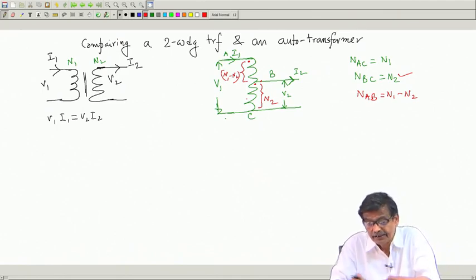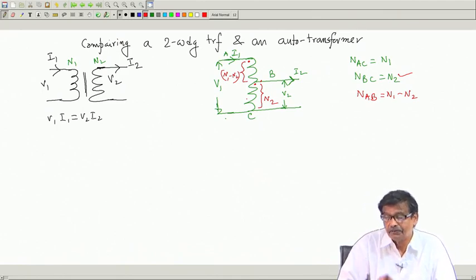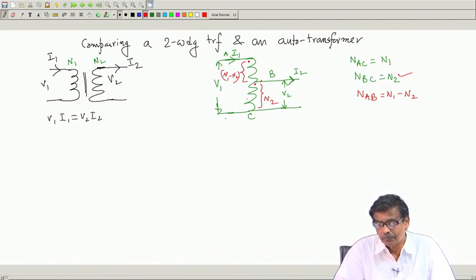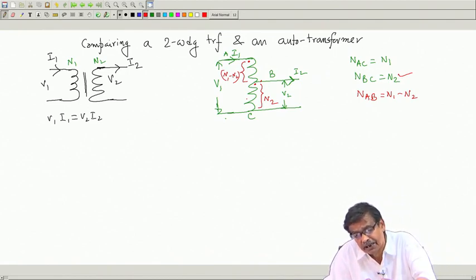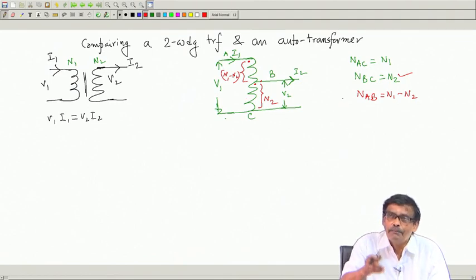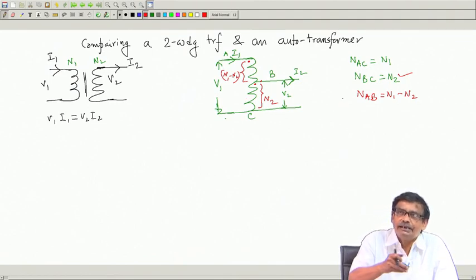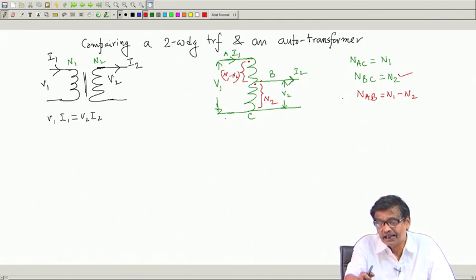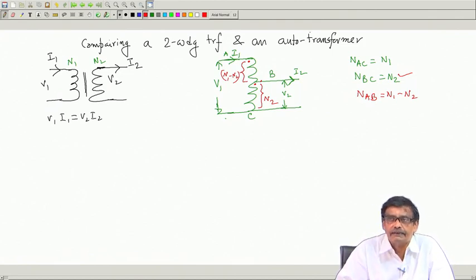For example, as a whole in this particular configuration, which one to call primary? You have applied between A and C a voltage V1, perhaps this is primary, where the whole number of turns is N1. Where is secondary? Between B and C. How many turns are there? N2. But these N2 turns are also a member of the primary coil N AC, is it not? This is common to both primary and secondary.